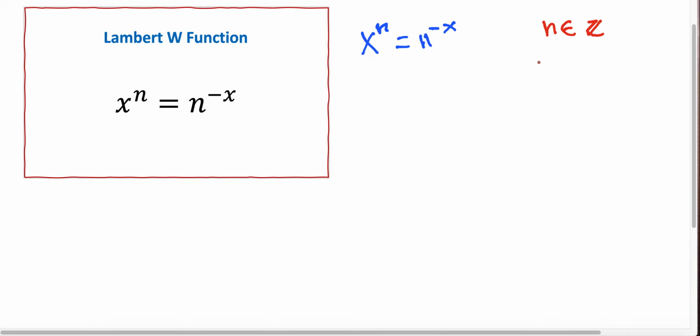And let me write some criteria for the Lambert W function. Some criteria are in this way. W of x times e to the power x is equal to x.